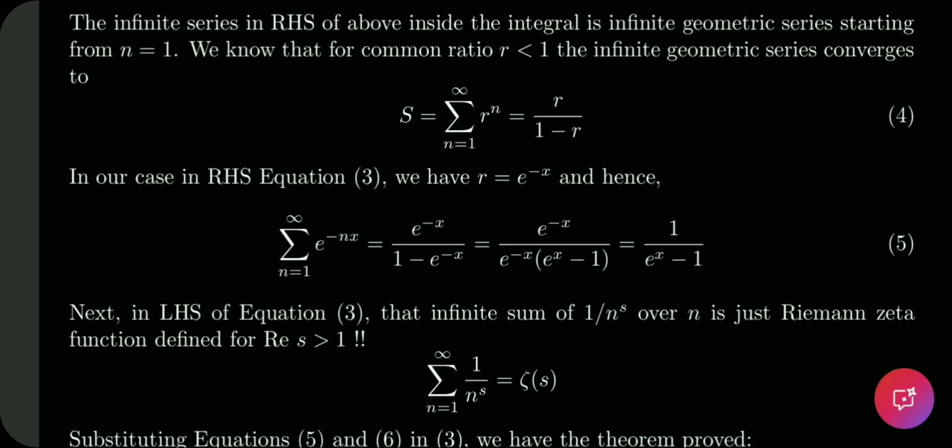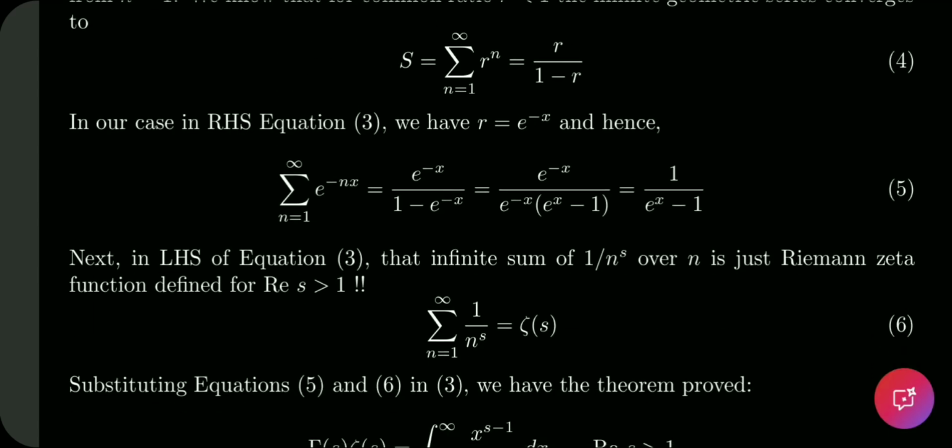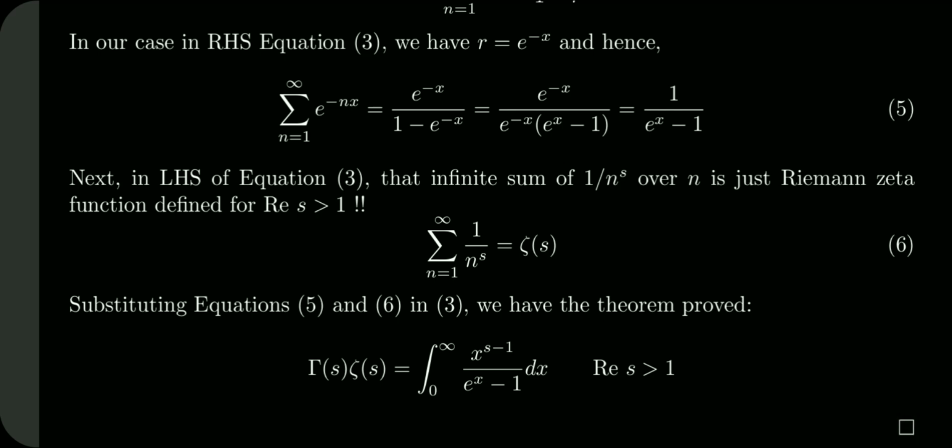Since the definition of the Riemann zeta function here as the summation from n is equal to 1 to infinity of 1 over n to the s is only defined for real part of s greater than 1, hence the convergence of this integral is defined for real part of s greater than 1. Because LHS and RHS should be consistent, that's why the real part of s should be greater than 1 as a convergence condition for the integral.